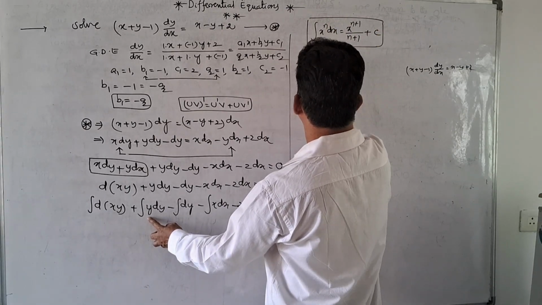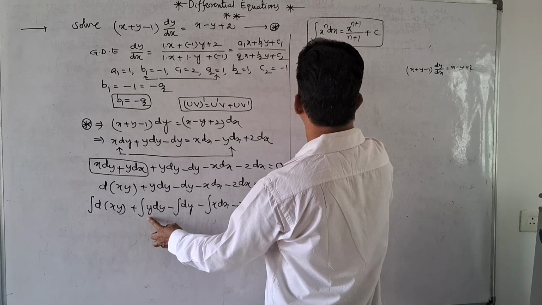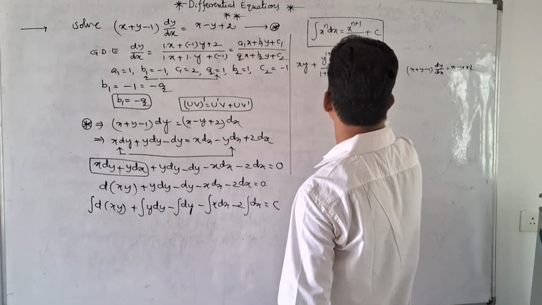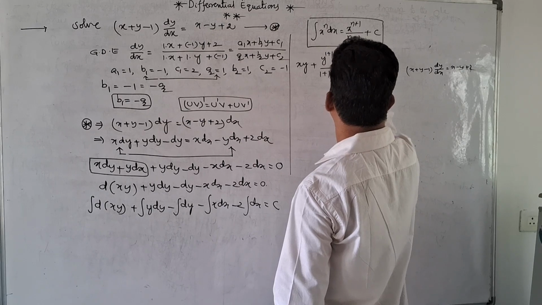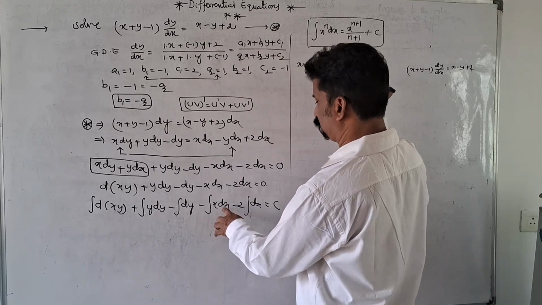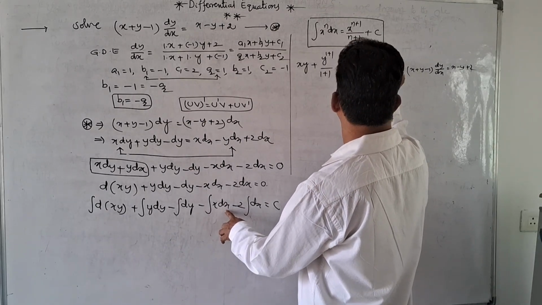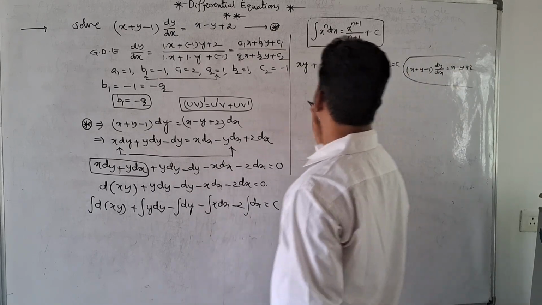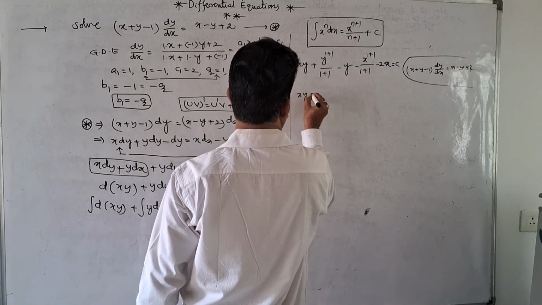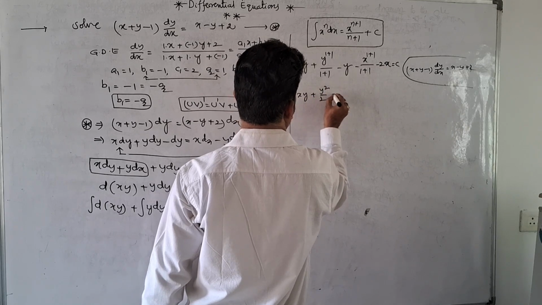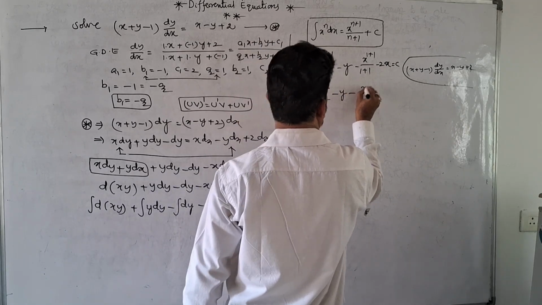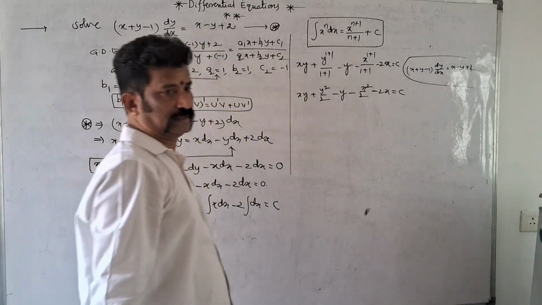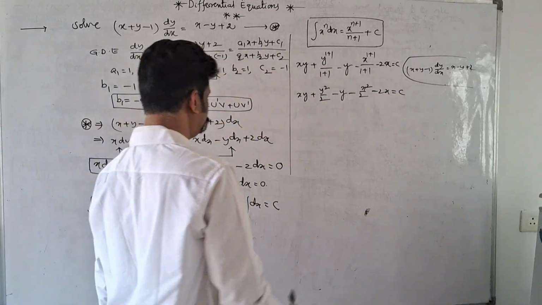So this one is y to the power 1 plus 1 by 1 plus 1 minus y, derivative and integration cancel, minus x to the power 1 plus 1 by 1 plus 1, minus 2 into x is equal to c. Right. So this implies xy plus y square by 2 minus y minus x square by 2 minus 2x is equal to c. Okay, right?